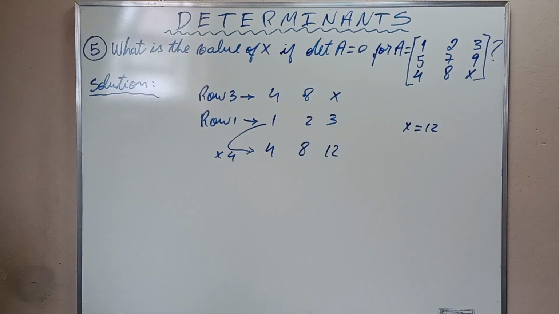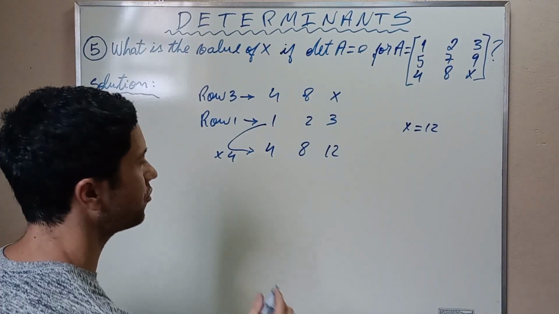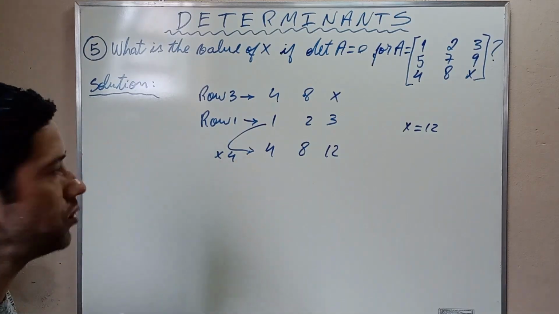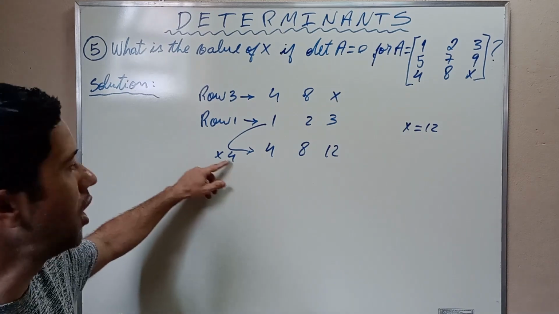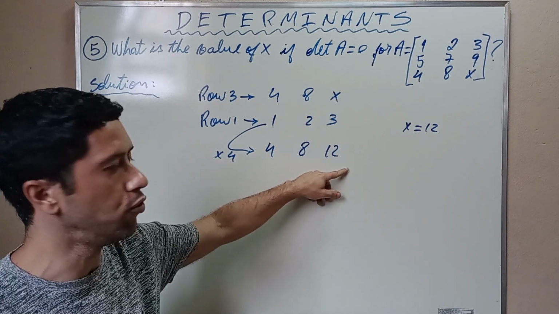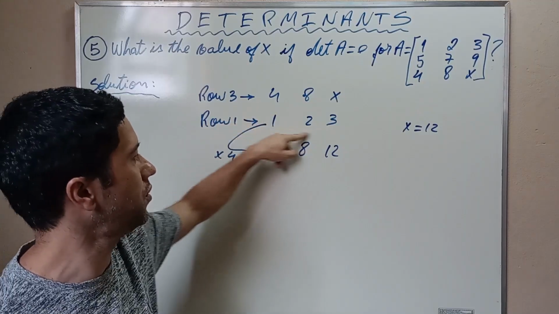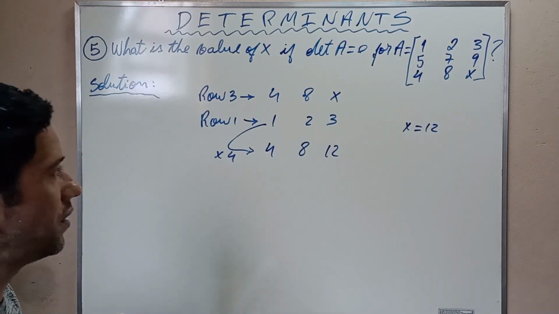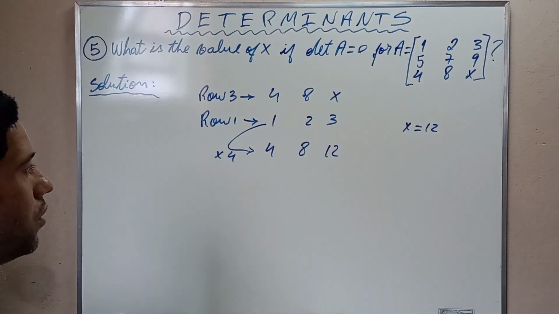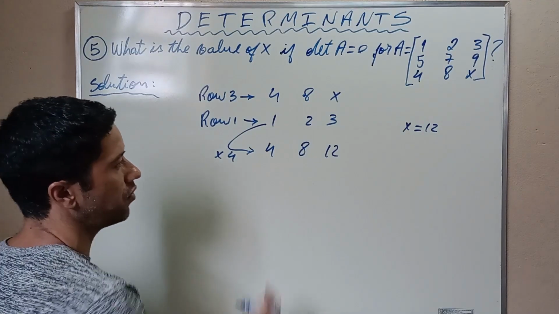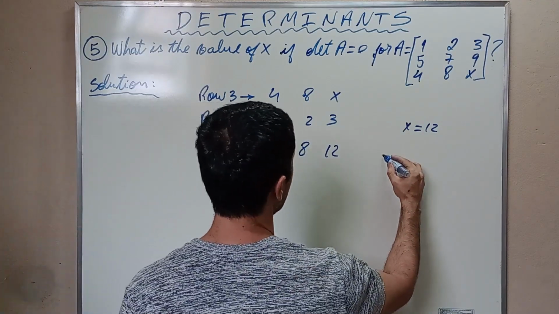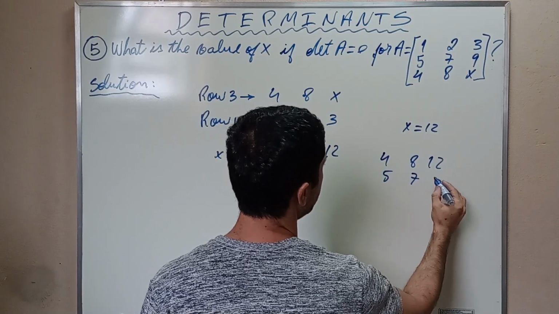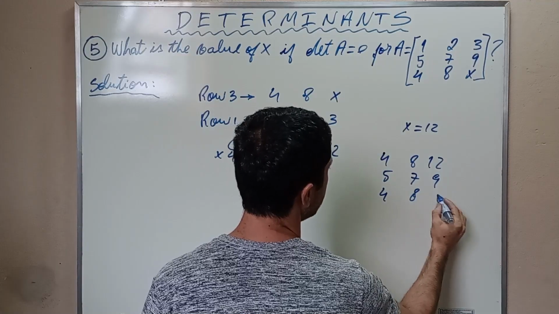I'm going to tell you why. Observe that this is possible, scalar multiplication is possible, multiplying an entire row. In this case, this first row, I can multiply an entire row by a scalar, and this doesn't alter the matrix. Then if I can do this, the matrix is going to become 4, 8, and 12, 5, 7, and 9, 4, 8, and x.